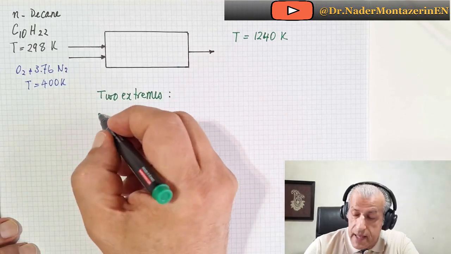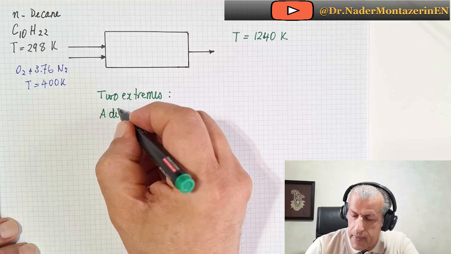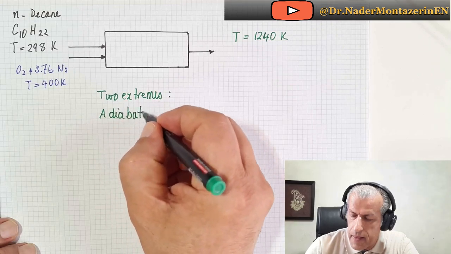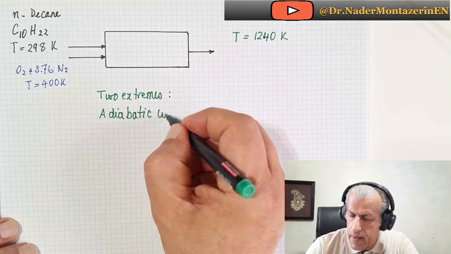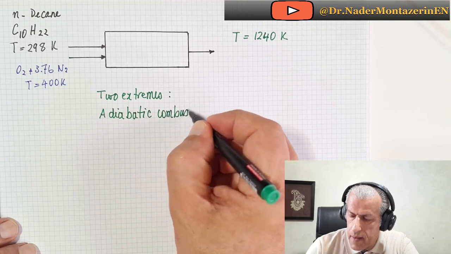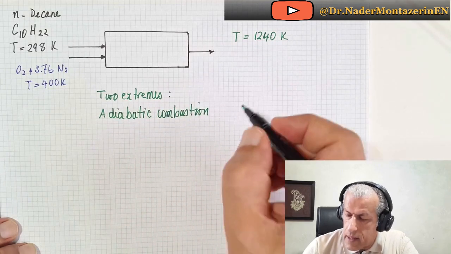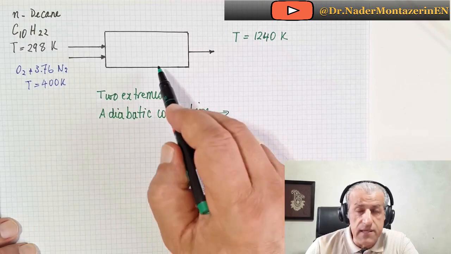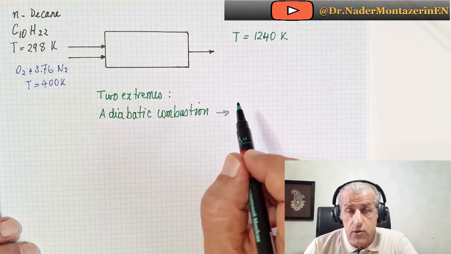First is adiabatic combustion. And that is when combustion is adiabatic and is stoichiometric.